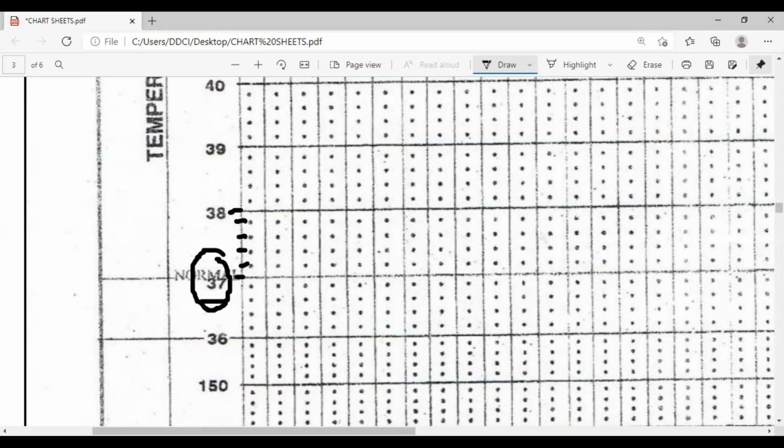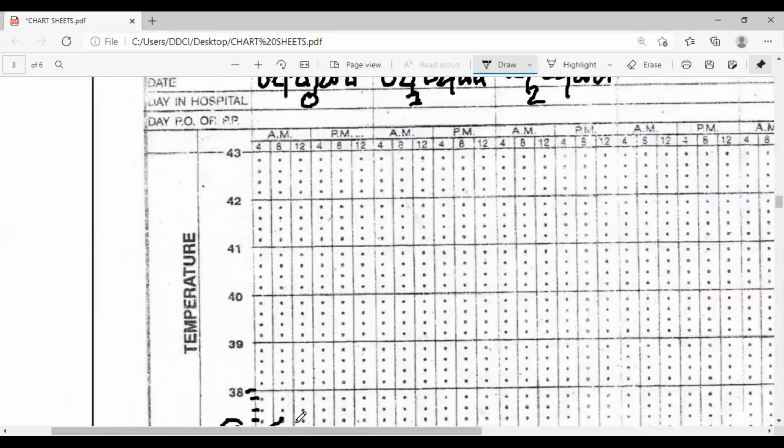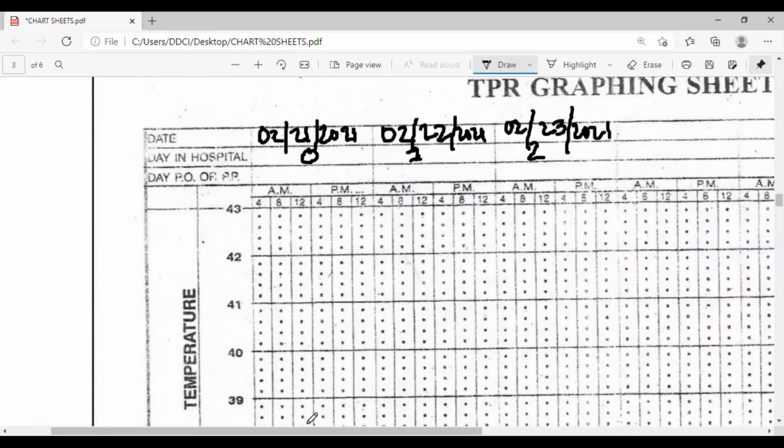So this is 37, 37.2, 37.4. You have to connect this dot to 37. That is for 8 a.m., so that's for February 21, 8 a.m.